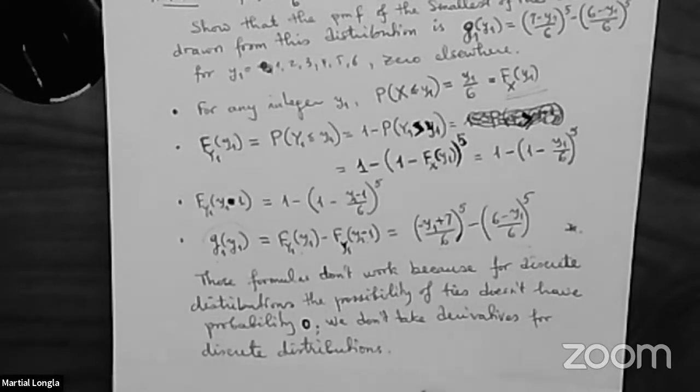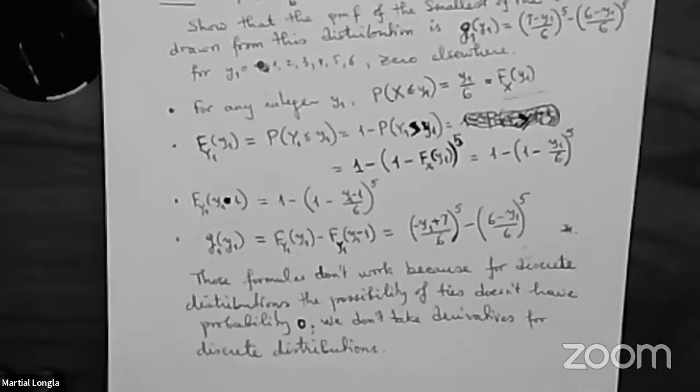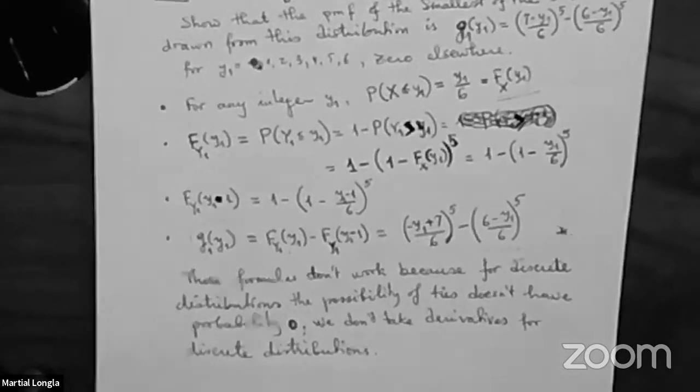And secondly, when you have discrete random variables and you take a sample and you want to do the order statistics thing, the probability of having the smallest equal to the second smallest is not 0. The probability of Y1 equal capital Y2 is not 0 for discrete distributions.